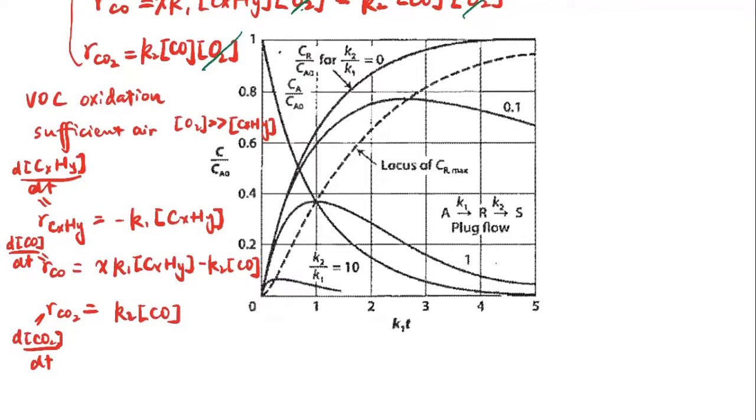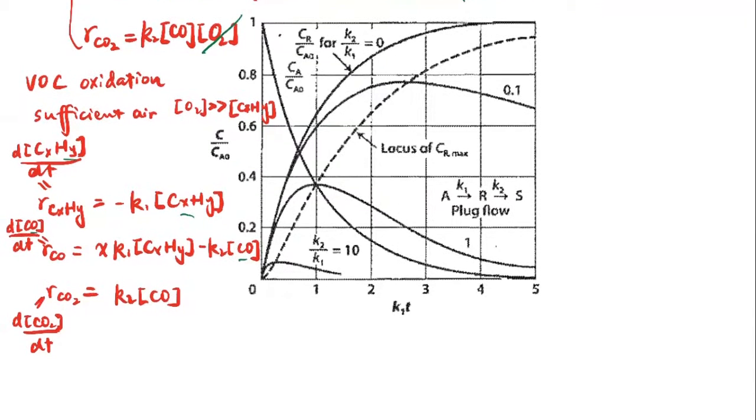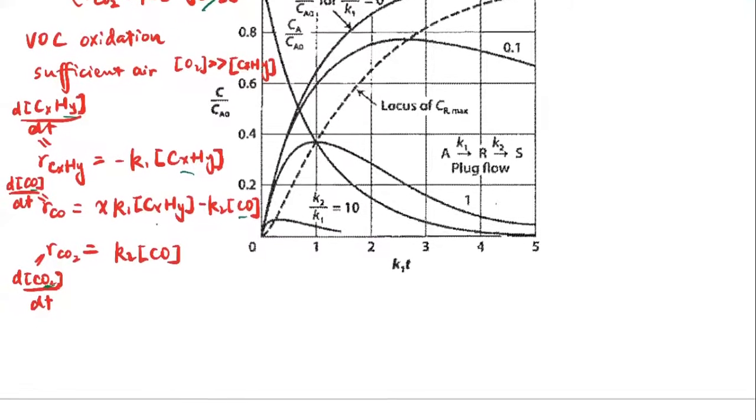One thing you can notice is that for this set of differential equations, we just have three unknowns: the concentration of hydrocarbon, the concentration of carbon monoxide, and the concentration of carbon dioxide.